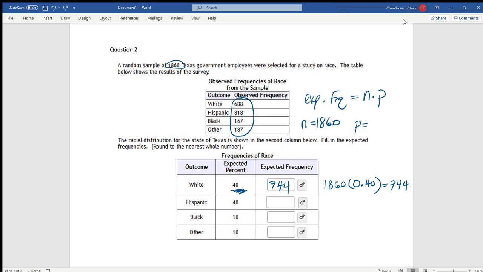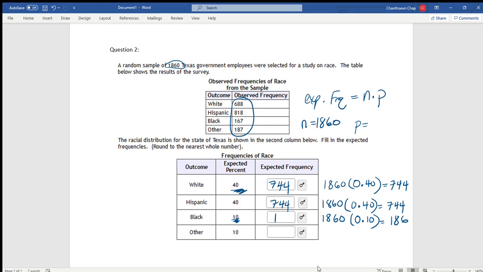For the second row, it's very similar. We'll take 1,860 and multiply it by 40%, or 0.40. And this should give us the same number, 744. For the third row, we'll take the sample size, 1,860, and multiply it by 10%, or 0.10, and this gives us 186.